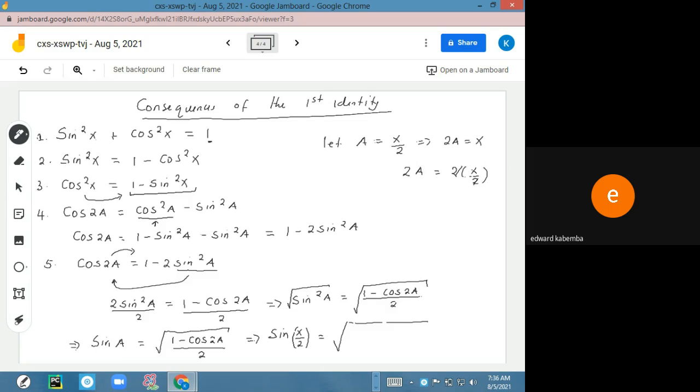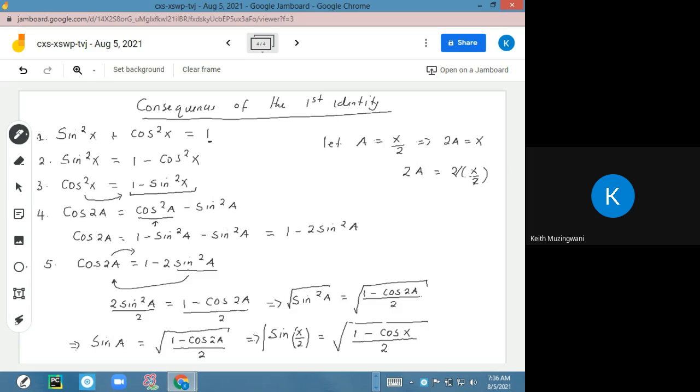Why are we using x over 2? Why can't we just use another number or letter? We want to derive what we call the half angle. So x has become equal to 2a. So we have 1 minus cos, where there is 2a, we'll place x, over 2.